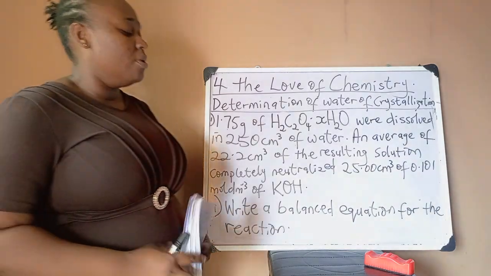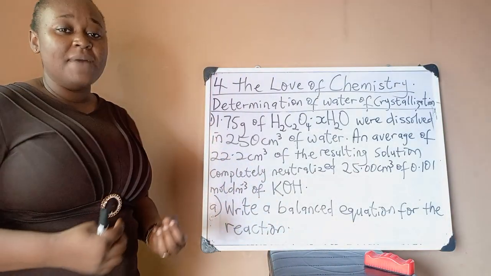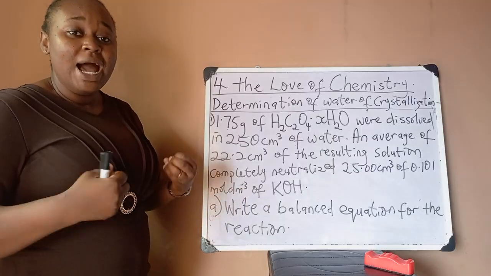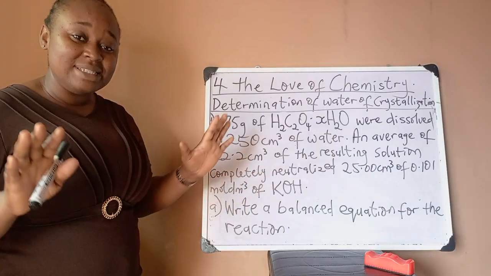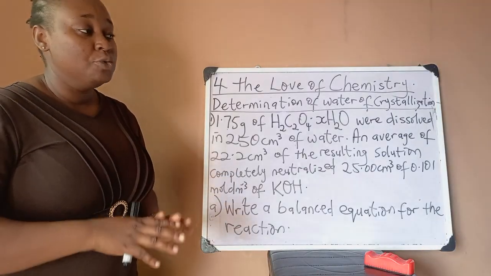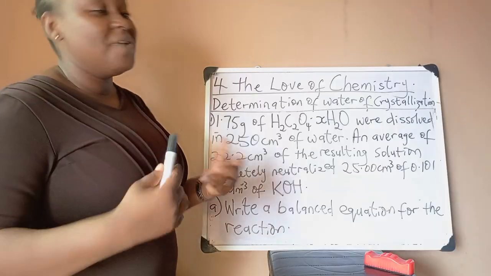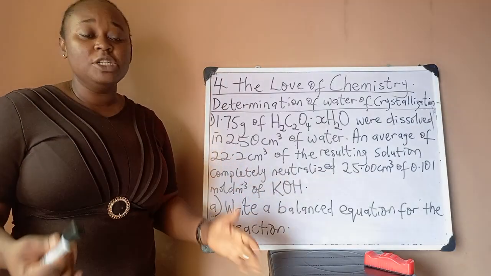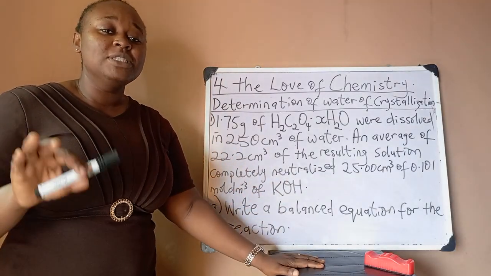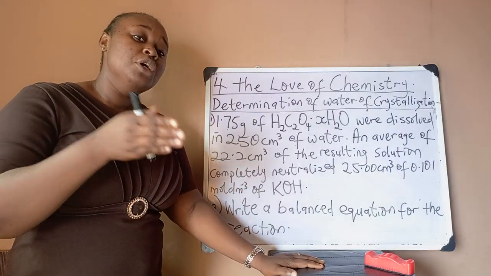Alright, so when we look at this question, I have taken my time to teach you how to write a balanced chemical equation. And I believe that with that knowledge, we can have a head start. So the first thing about writing an equation is to know the reactants, because it is the reactants that will give you the product.